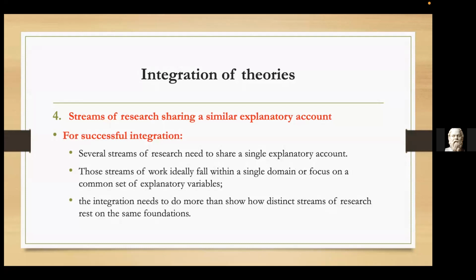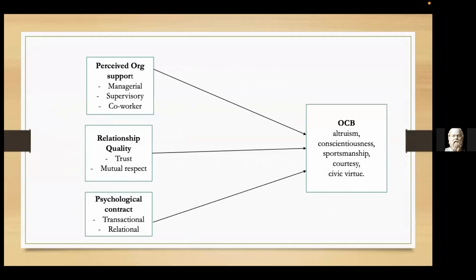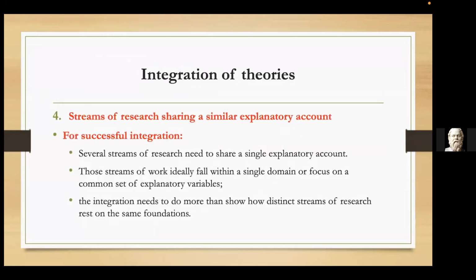All these theories are talking about shaping members' behavior through their attitudes and relationship in there, okay? So for you to successfully pull this off, several streams of research need to share a single explanatory account. Social exchange, shaping people's behavior.